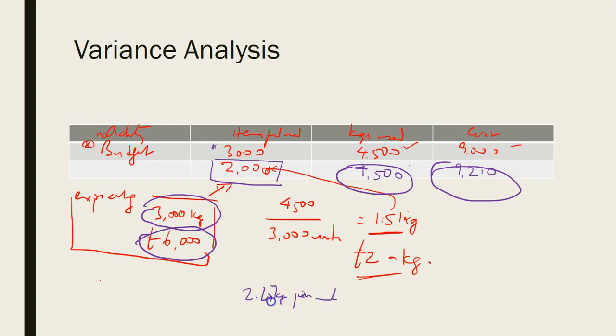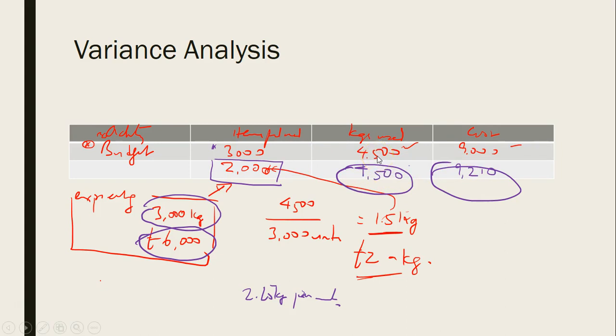That's one way of looking at it, and you can see you have a variance again. If you subtract this from this per unit, you still have to multiply by 2,000 to get the total, and then multiply by standard cost. For how much you paid for each kilogram, it would be the 9,200 divided by the 4,500.